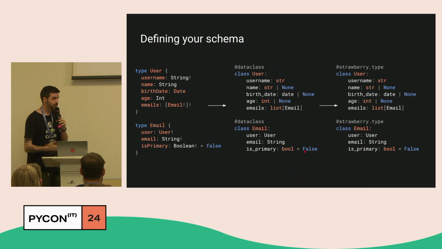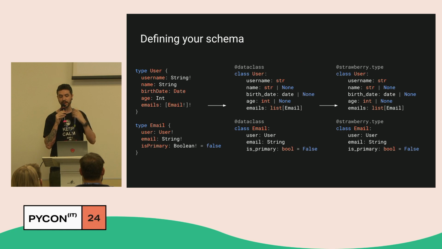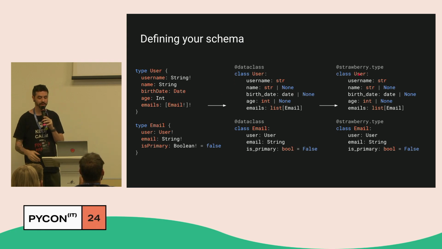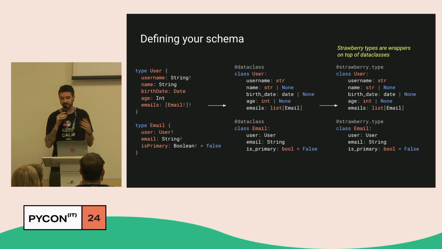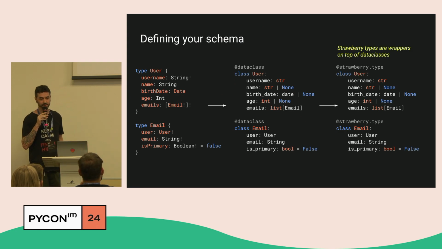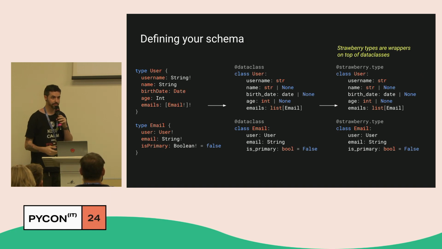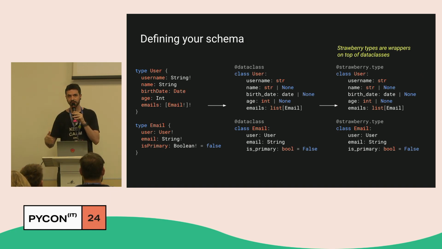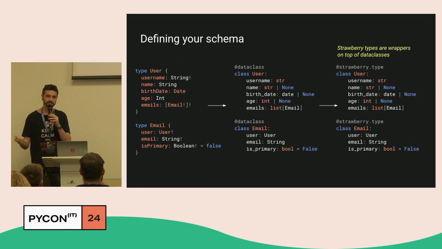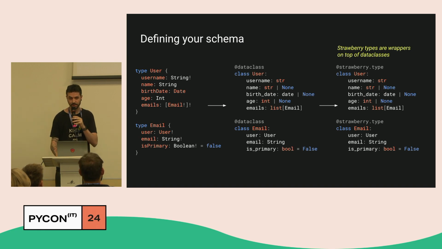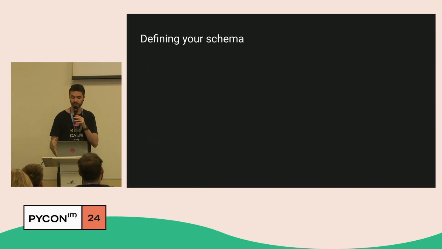And later, we can just transform those into Strawberry types by replacing data class with Strawberry type. It is that simple. Strawberry is basically a wrapper on top of data classes. In theory, it is just that, but it has much more, and I'm going to explore more as I go through this presentation.